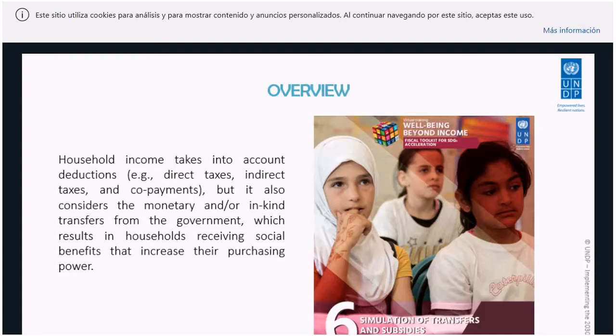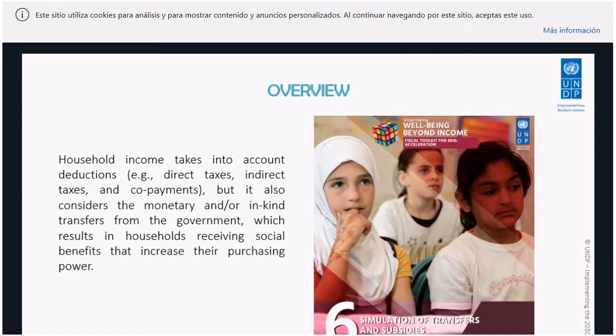So if the transfer increased the disposable income of the poor families by 30% on average, as I said, that is fantastic.